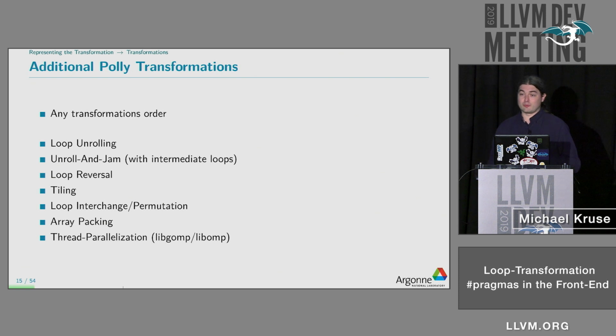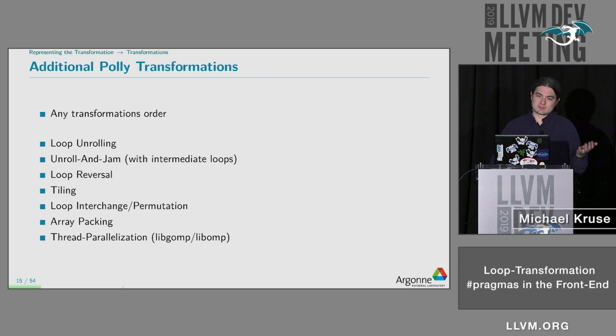Apart from unrolling, vectorization, distribution, and unroll-and-jam that are currently supported in LLVM, I have a variant of Polly which applies more transformations than just those. For instance, in contrast to the current pass pipeline, it can apply them in any order.